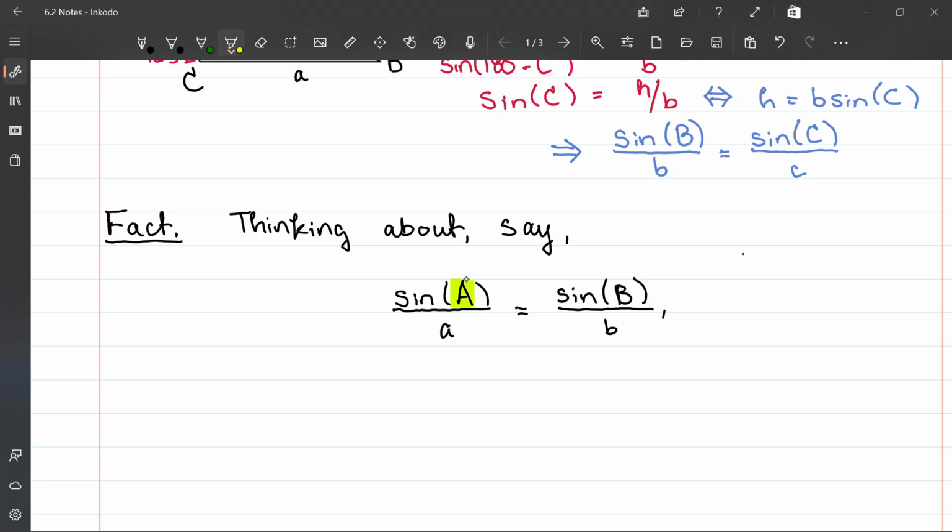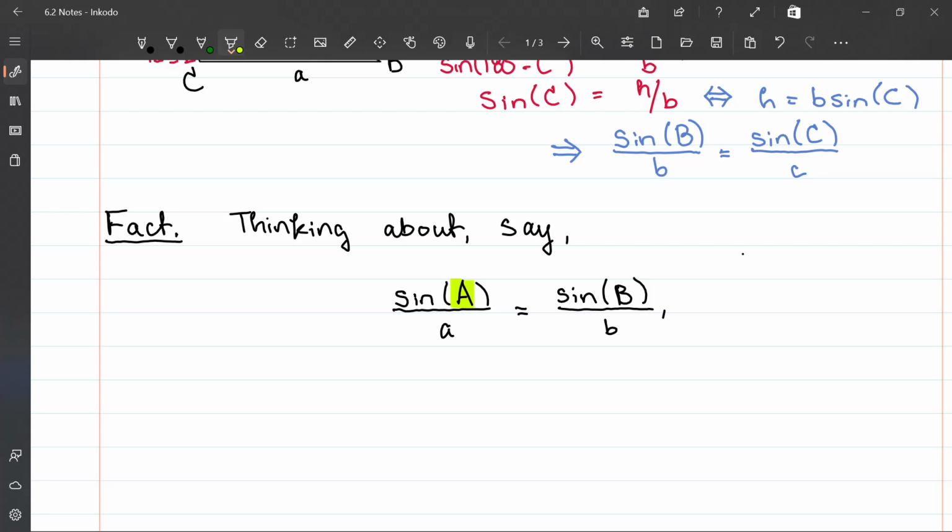This time, let's imagine we don't know big A. We know all the other things, we just don't know what big A is. Well, once again, we have an equation with one unknown and then three knowns, so we could solve it algebraically so that we would have something like sine of A equals a number. And then, because we happen to know things about inverse sine, arc sine, we could use arc sine to try and get an answer for what A was.